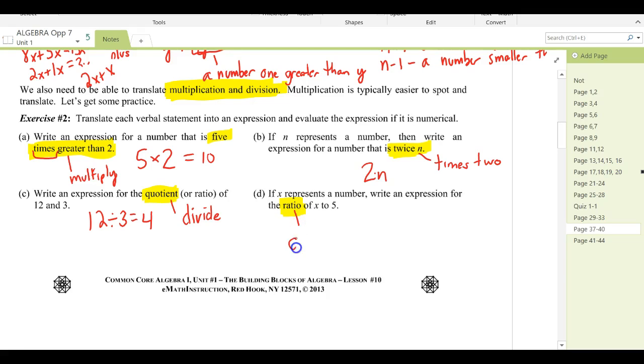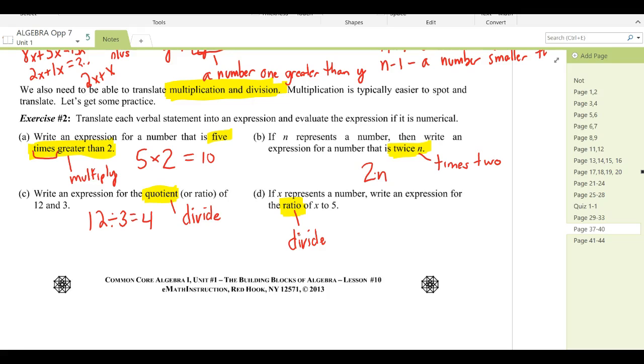The word ratio means divide. Also, you have quotient is divide and this divide. Quotient means divide. Ratio means divide. It means the same. You understand this. I mean, let's face it. You already understand this. They have a different word for this.